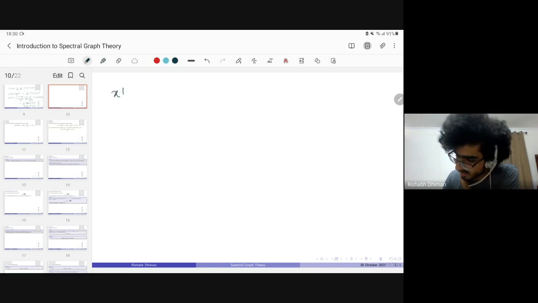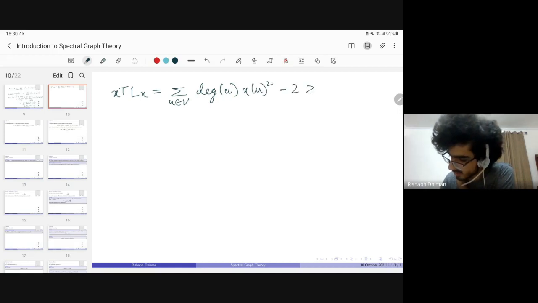So ultimately, what you're left with is the summation over u of degree of u times xu square, minus 2 times the summation over uv being an edge of xu xv.